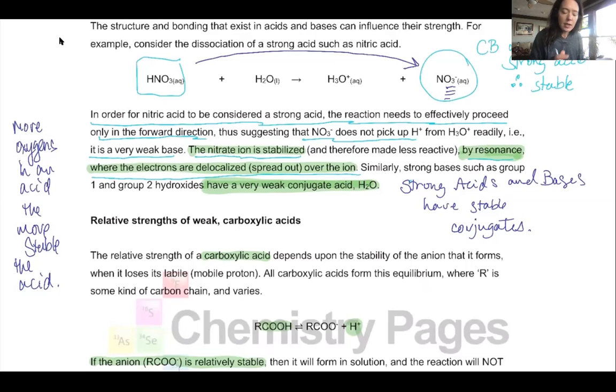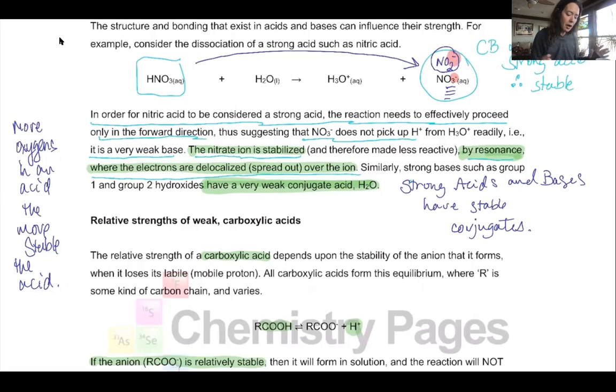Now, if I take this down to only 2 oxygens, I have a weak acid. Therefore, this is not very stable in solution. It doesn't readily give away its hydrogen, because without it, it's not as stable. That's because it's lacking the electronegativity of that oxygen, which is making it less stable with that added negative charge.